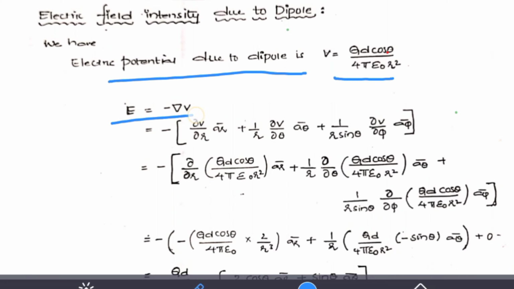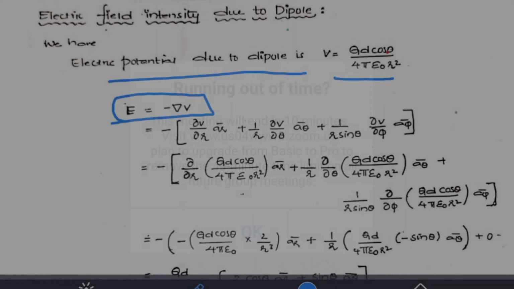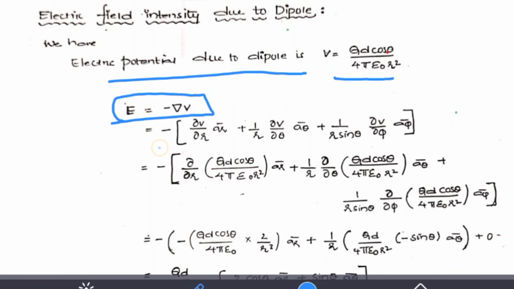The relation between electric field intensity and electric potential is E equal to minus del V, where the del operator involves partial differentiation, which we have to carry out. In the spherical coordinate system, del V is dou V by dou R AR plus 1 by R dou V by dou theta A theta plus 1 by R sin theta dou V by dou phi A phi.